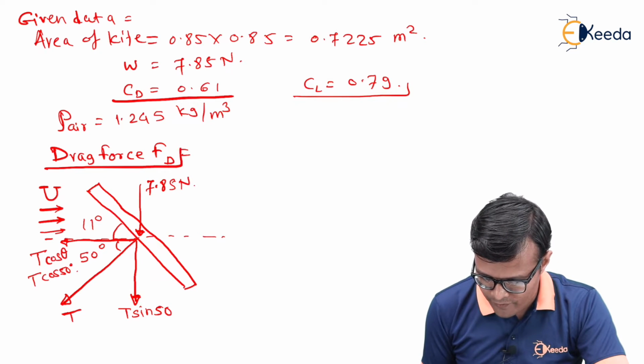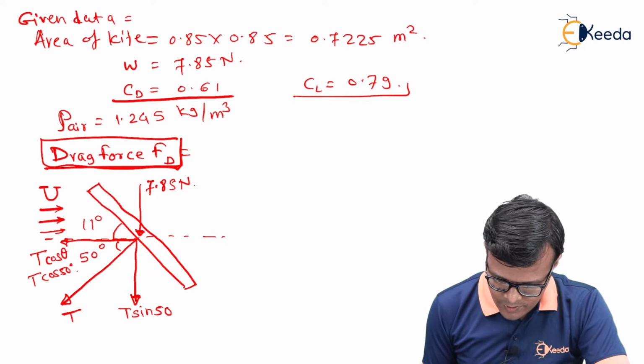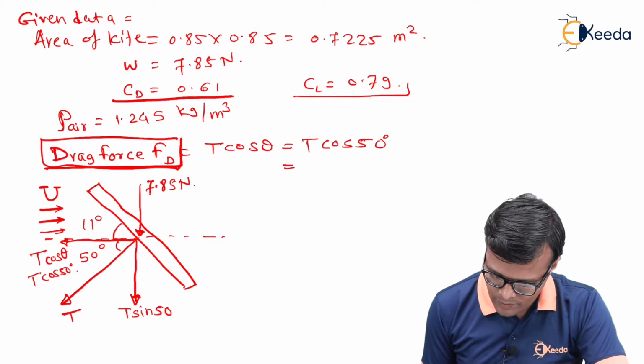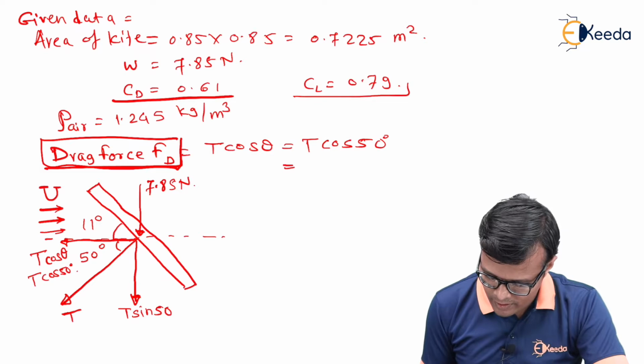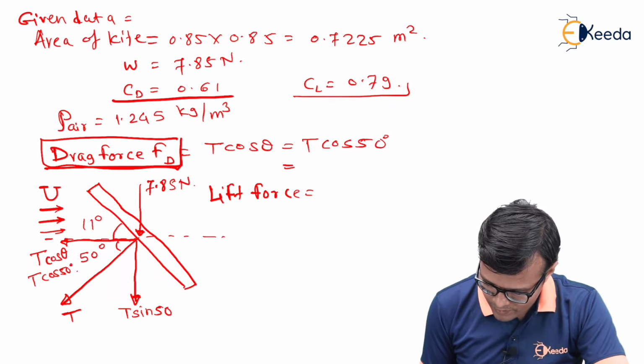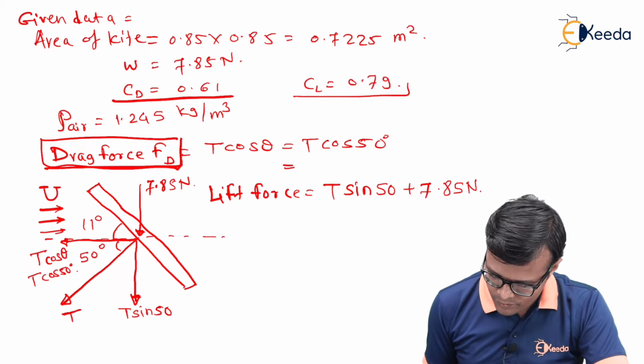So drag force Fd is nothing but only one component, T cos theta, which is equal to T cos of 50. We will leave it as it is. Lift force, as per diagram, is T sin of 50 plus weight, 7.85 Newton.